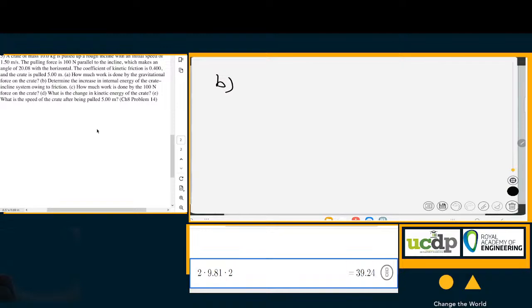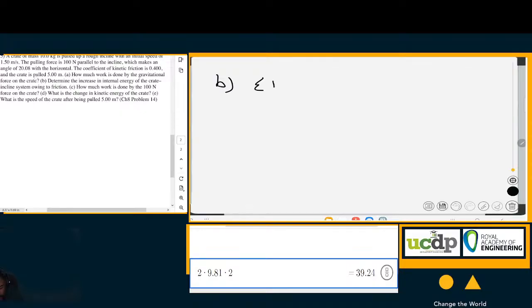B. So we set the x and y axes parallel and perpendicular to the incline. First of all, the question: determine the increase in the internal energy of the crate-incline system owing to friction.